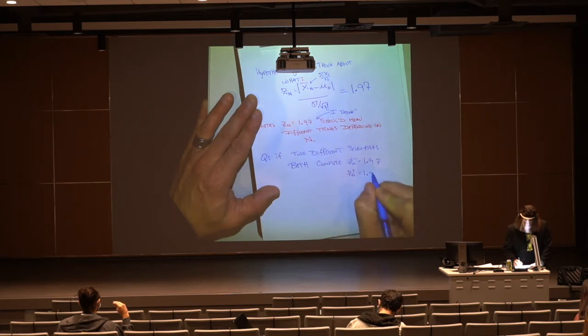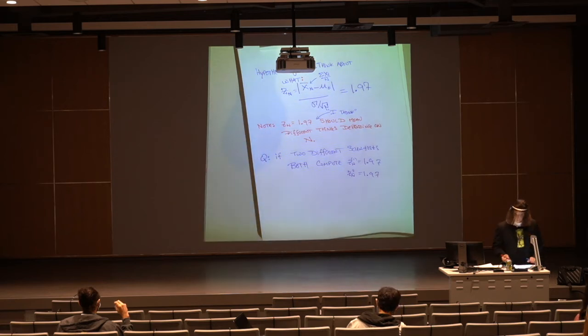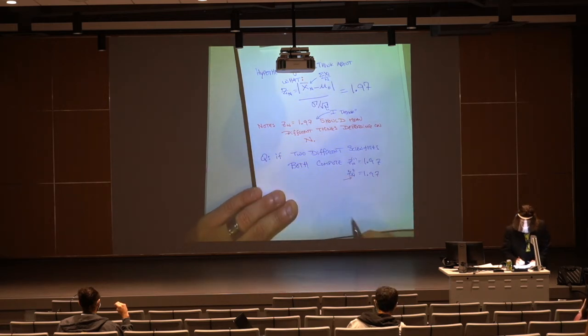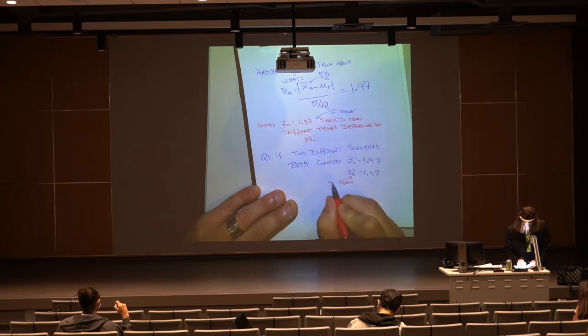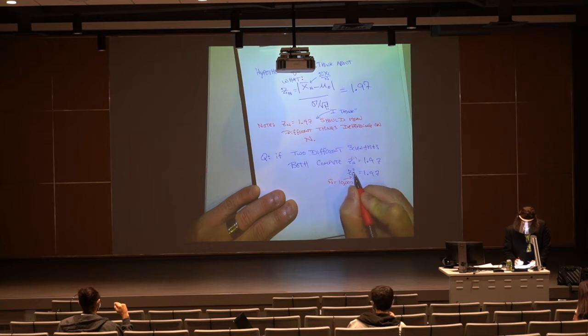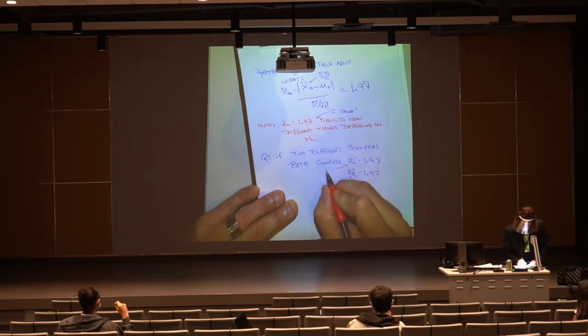Computes 1.97. And I'm going to say this n for scientist 2 is 10,000. And let's call this n2 for scientist 2. And n1 right here, we'll say this n1 is 12.